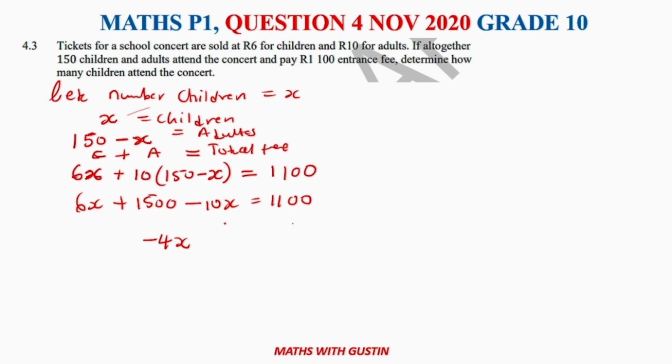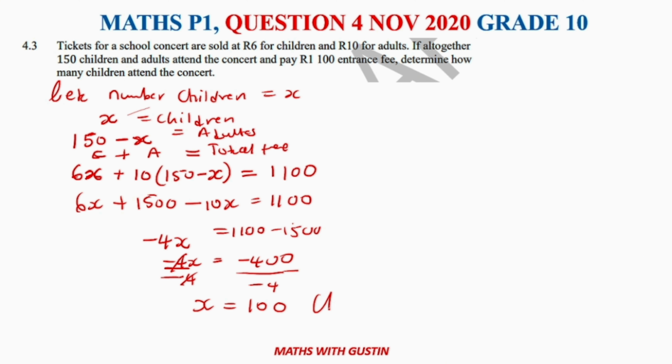This 1500 will come that side. 1100 minus 1500, negative 4x is equal to minus 400, divided by negative 4, divided by negative 4. Negative 4 cancel out, x is going to be equal to 100. That's how you would calculate this one. And the question did ask us to calculate how many children entered the concert, so it's going to be 100 children.